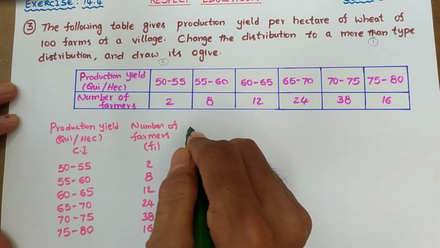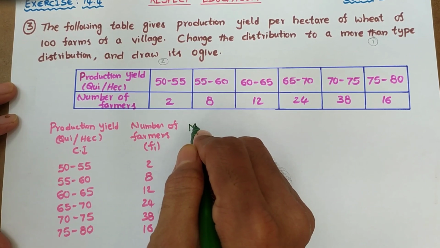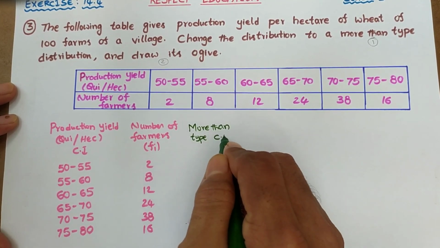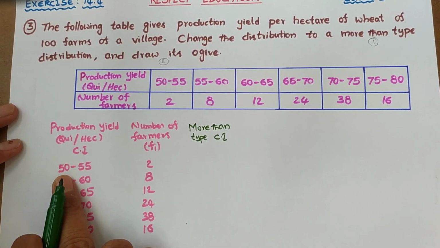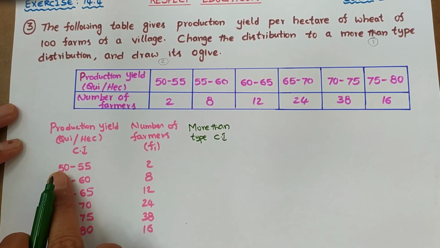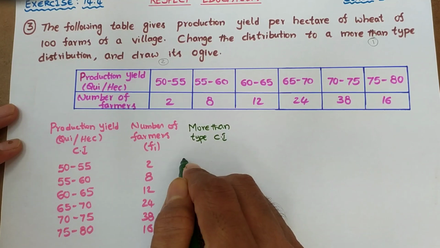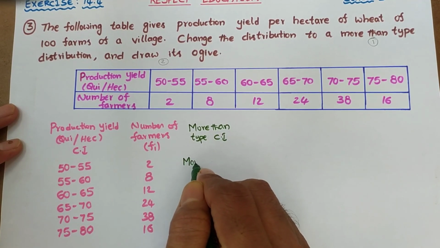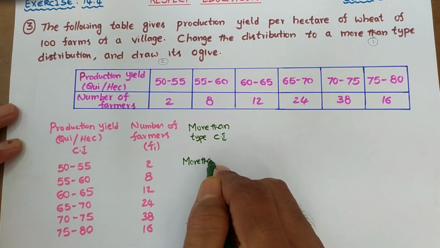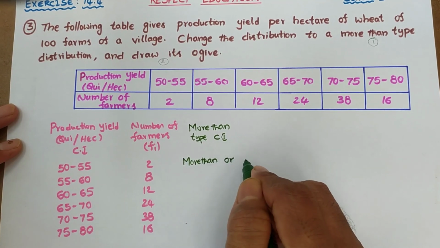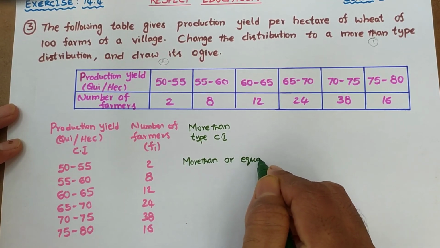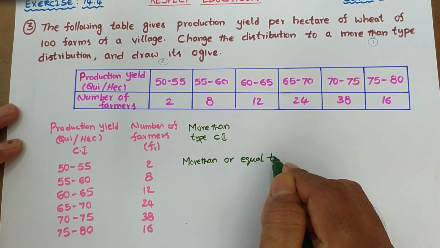It is more than type class intervals. We can write here it as, see, it is more than or equal to 50. So let us write here more than or equal to.